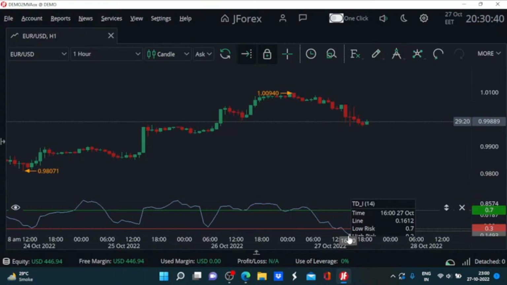So here that momentum is indicated with this output dipping below 0.3, and even now it is below 0.3. But one way to use this indicator is also to look for new trades only when this crossover happens.